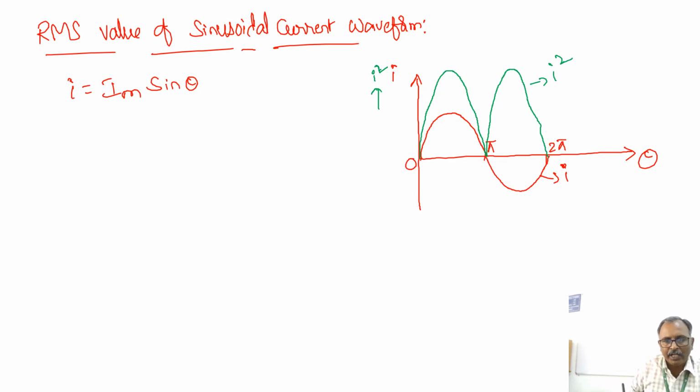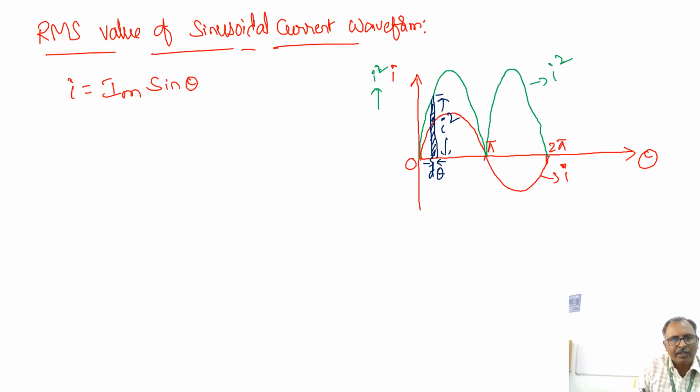Now, in order to find out the RMS value, we need to find out the area under the curve. So for finding the area under the I square curve, let us consider a small strip which has a width of d theta. In this d theta width, the instantaneous current let us take as I square.